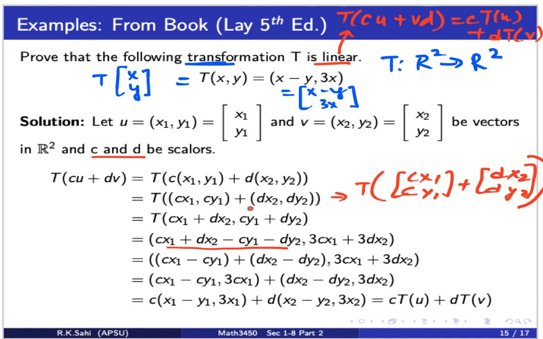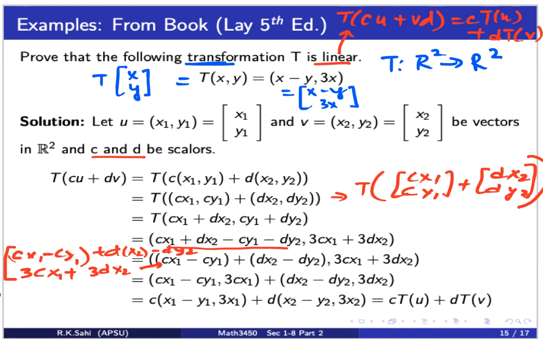So it's a vector here, so I can show you if you want to write it down. This is basically cx1 minus cy1, one element, plus dx2 minus dy2, that is the first row of that column vector, and the bottom is 3cx1 plus 3dx2. Now I can pull them apart, the c's together and the d's together.